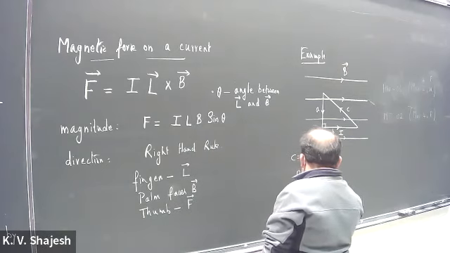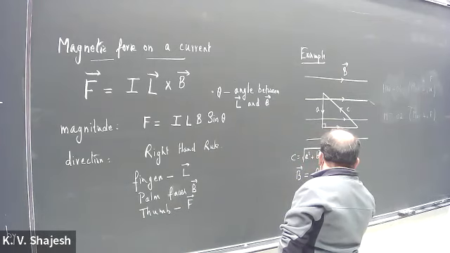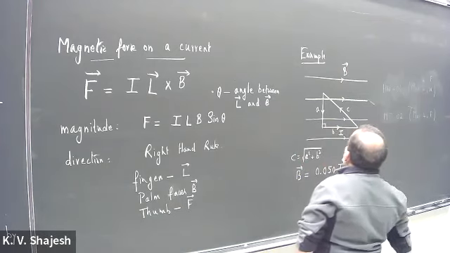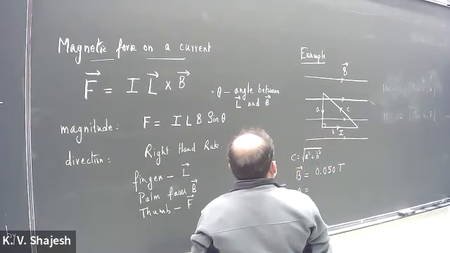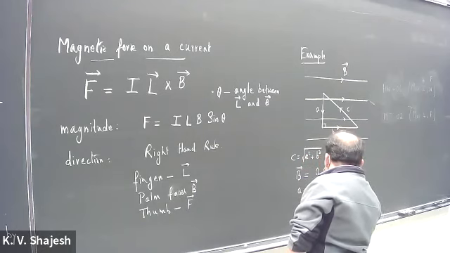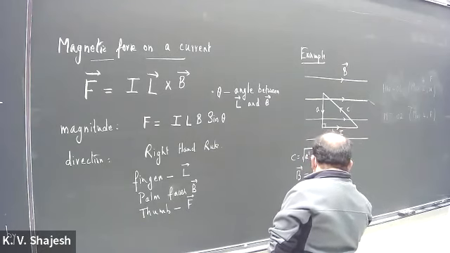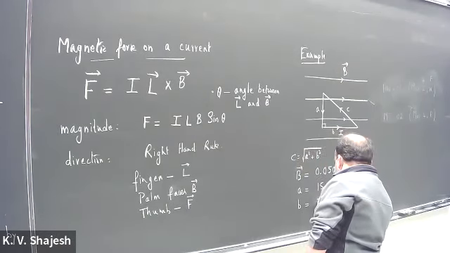Let's say the magnetic field B is 0.26 Tesla. A, let's say, is about 15 centimeters. B, let's say, is about 25 centimeters.